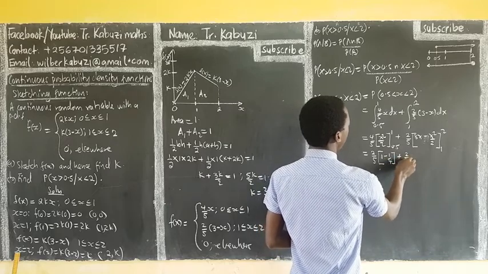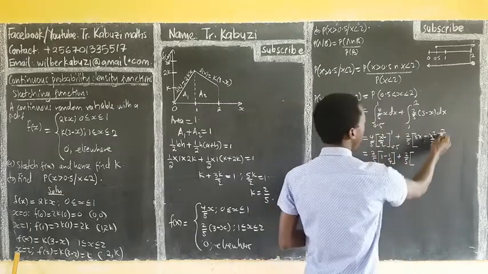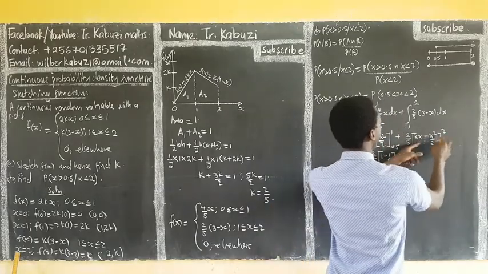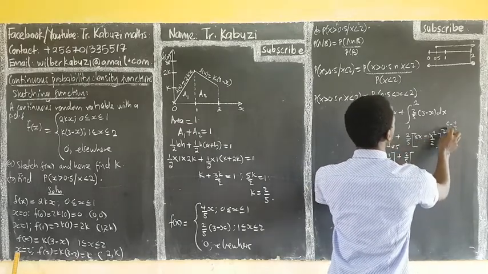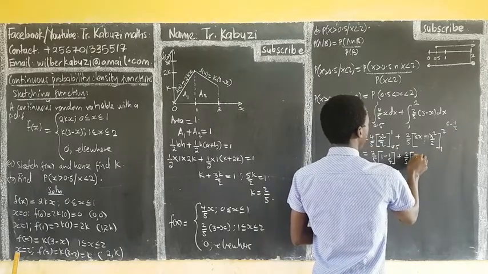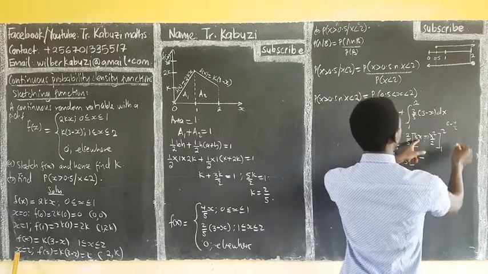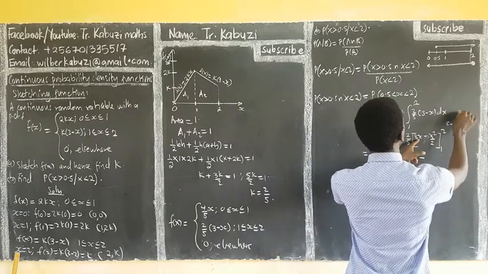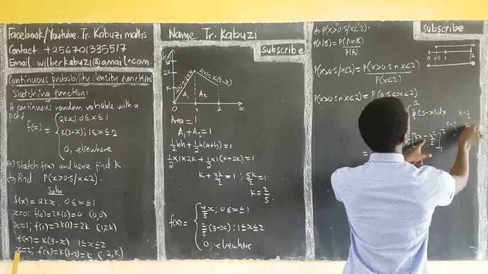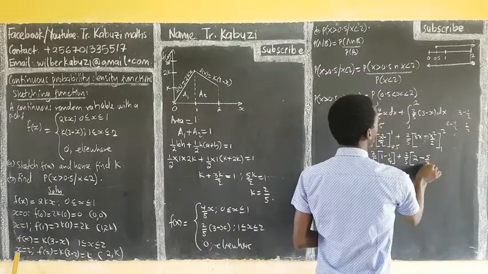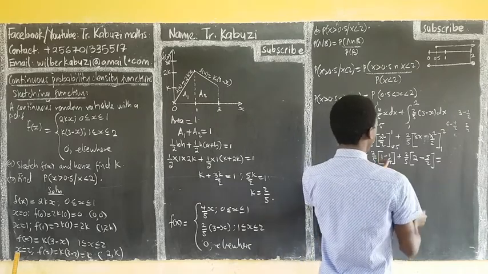Then plus 2 over 5 into, when I put in a 2 here, I have 6 minus 2 squared over 2, which is 2. Then minus, when I put in a 1, we have 3 minus 1 over 2, which is 6 minus 1, which is 5 over 2. Then minus 5 over 2. And this first one is going to give us 3 quarters.